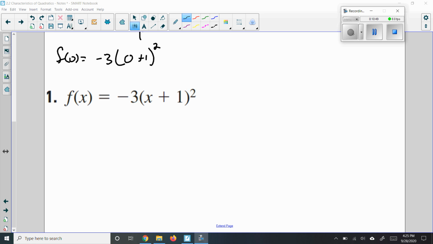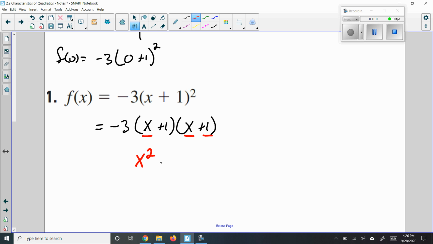Well, to put it in standard form, I'm going to need a little extra room. This square means we're multiplying this by itself. So this is equal to -3 times x plus 1 times x plus 1. Okay, x times x is x squared.